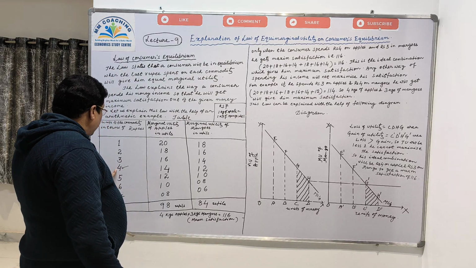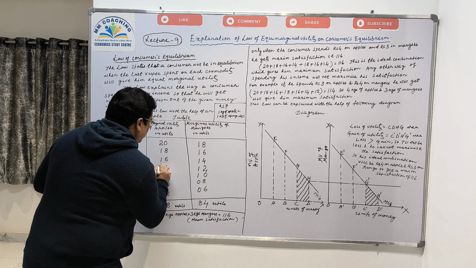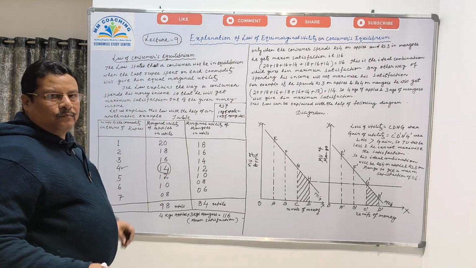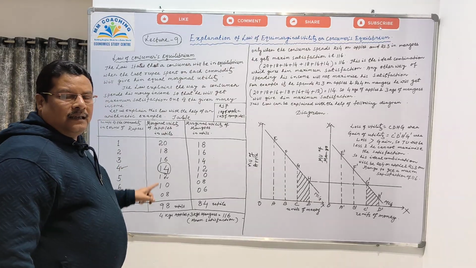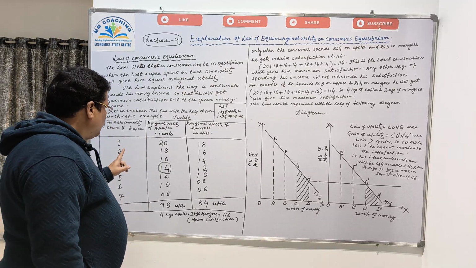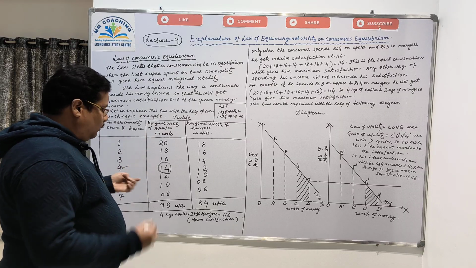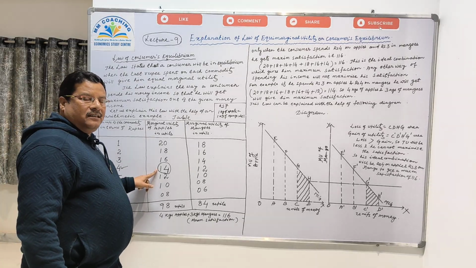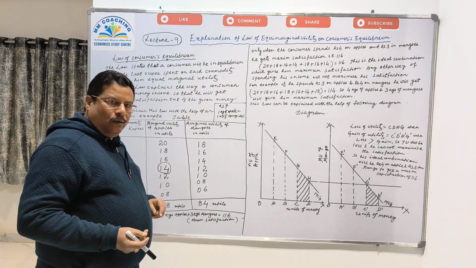Then in the last rupee of apple, what is the marginal utility? Marginal utility is 14, because he will spend 4 rupees on apples. So in the last rupee of apple, that is 4, marginal utility is how much? 14. Now come to the mango.